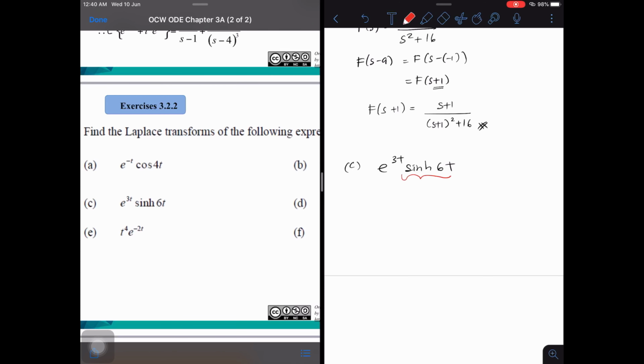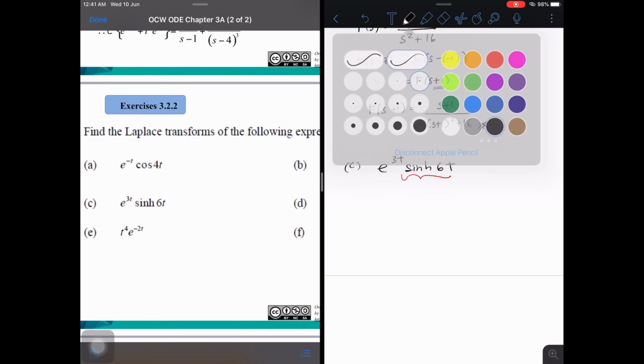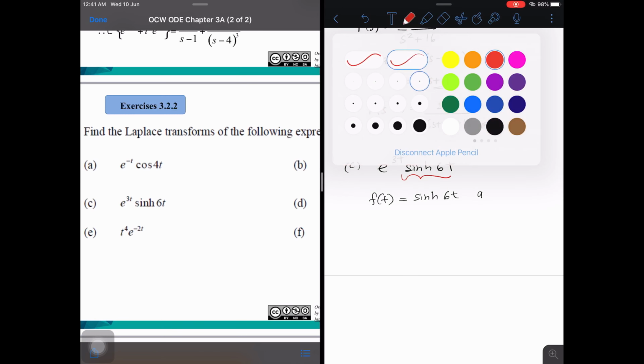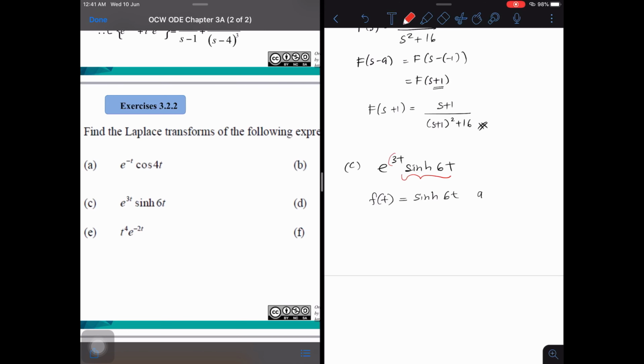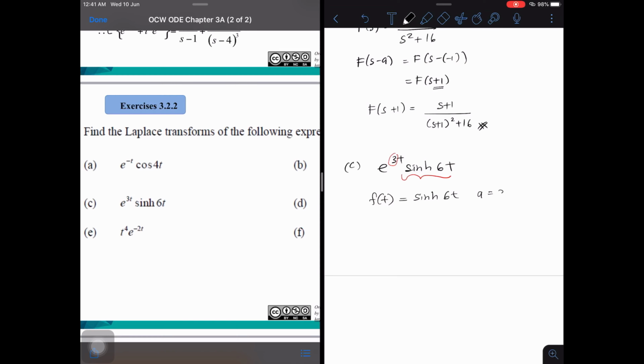Therefore, to find the Laplace transformation for this function, you can use the first shift theorem, where the first thing you need to know is what is your f(t). So your f(t) is the function other than the exponential function. Therefore, you have your f(t) equal to sine hyperbolic 6t. The second information that you need to know is the value of a. The value of a comes from the exponential function here. So here your a is equal to 3.